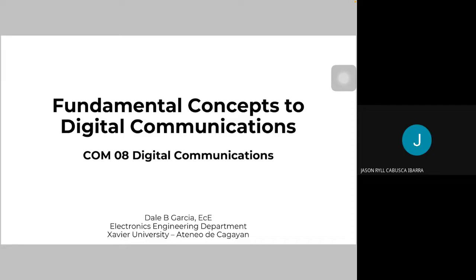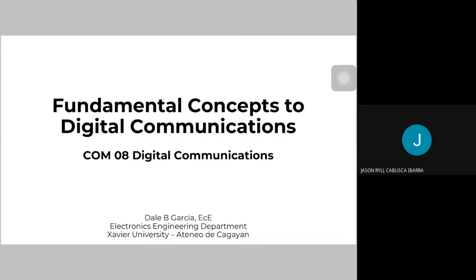What we will discuss this afternoon would partly not necessarily be under the umbrella of the study of digital communications, but will be very important concepts, not only in digital communications in particular, but also in the study of electronic communications in general.